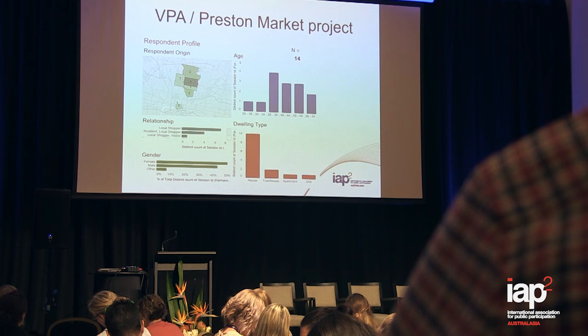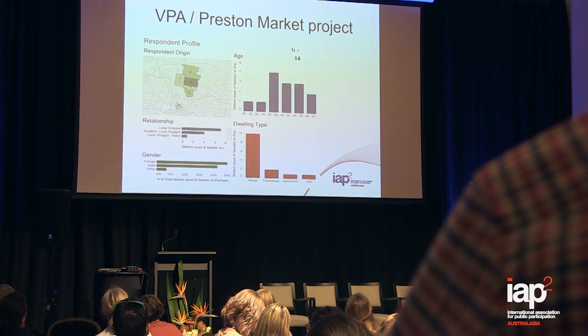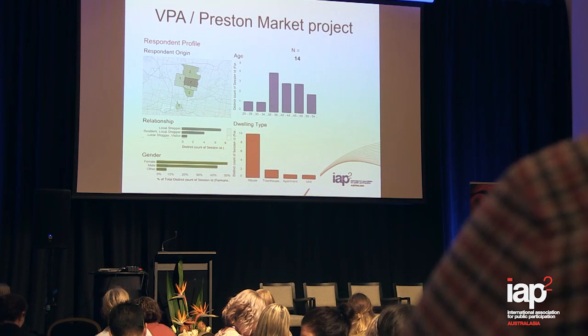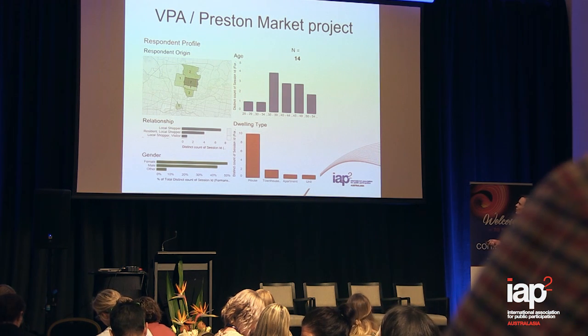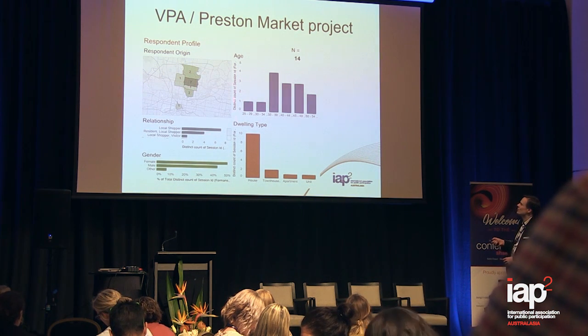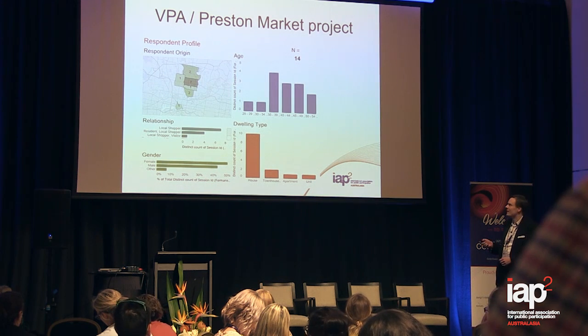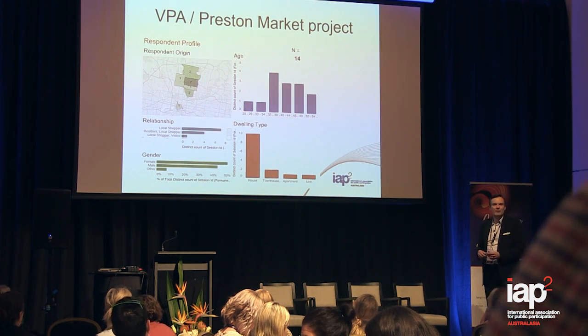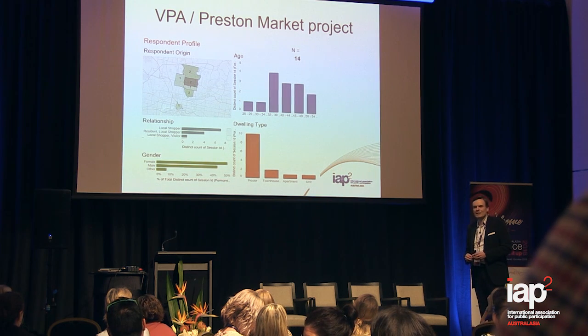This is again an Australian example. Victorian Planning Authority did a project on Preston Market and did a very visual report on the map-based feedback that they got. So I'm not showing you a live example here, but this is actually an interactive graphic.